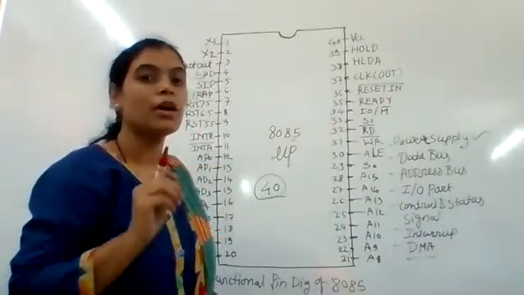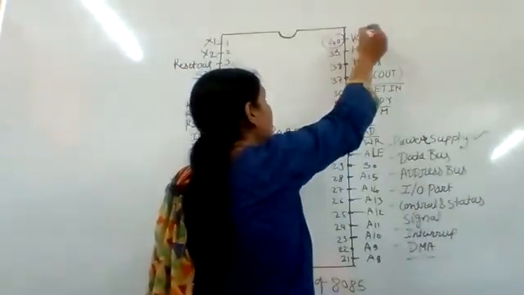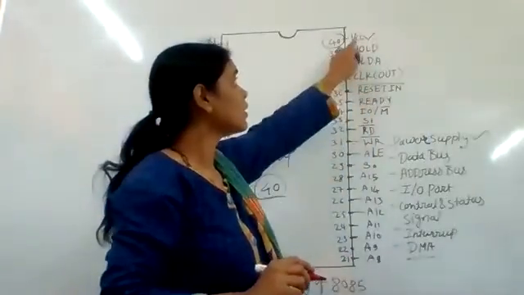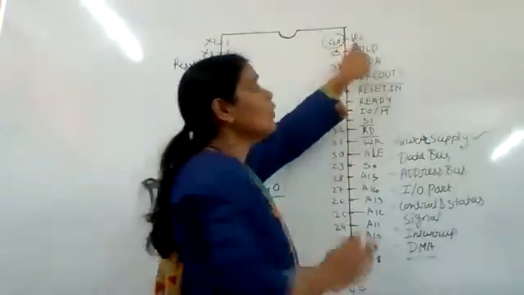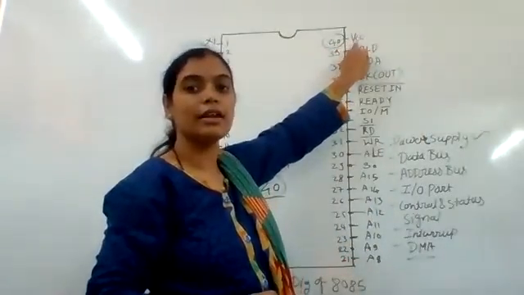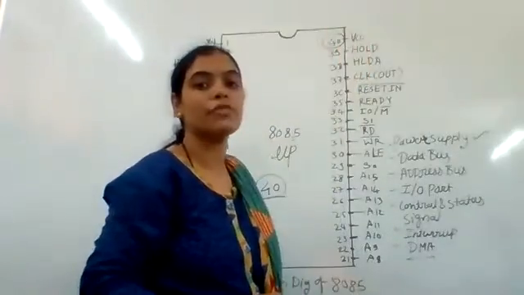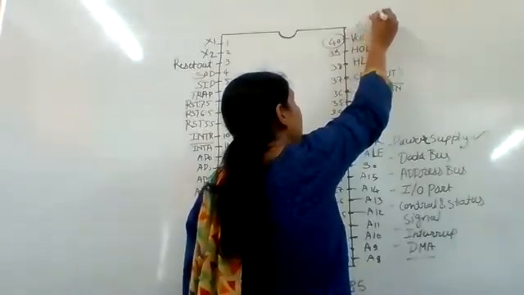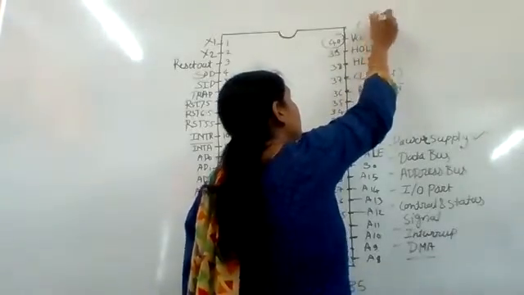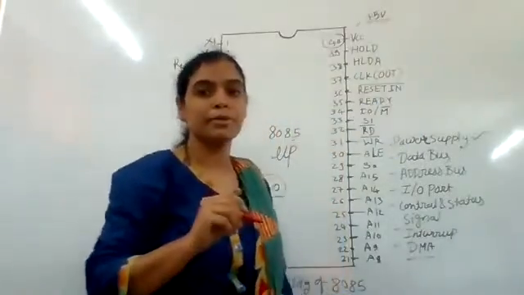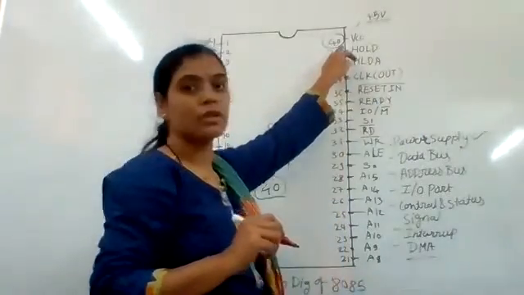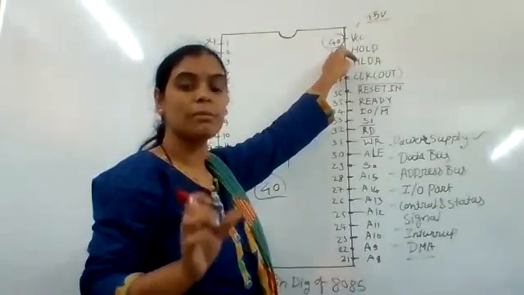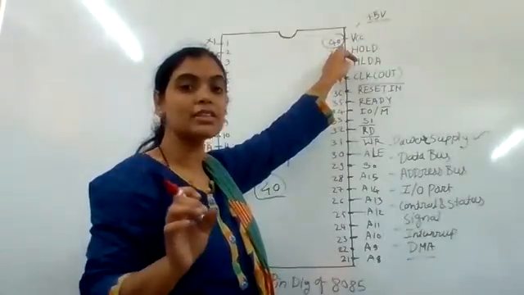See here, pin number 40 denotes VCC. An external power supply of plus 5 volt is provided at this pin.